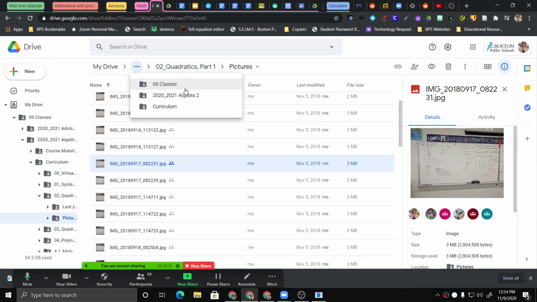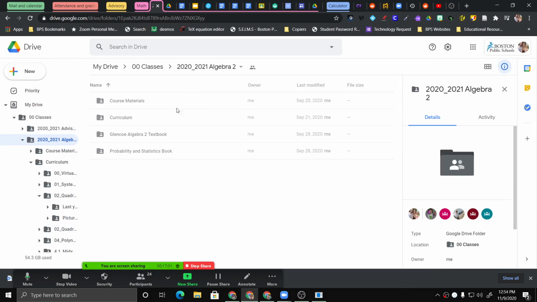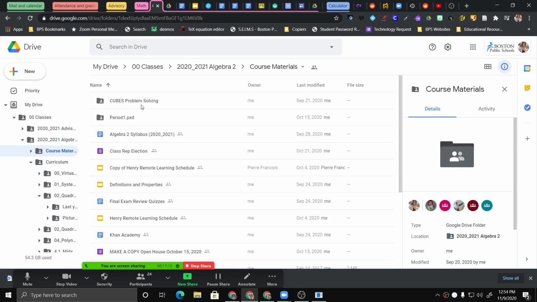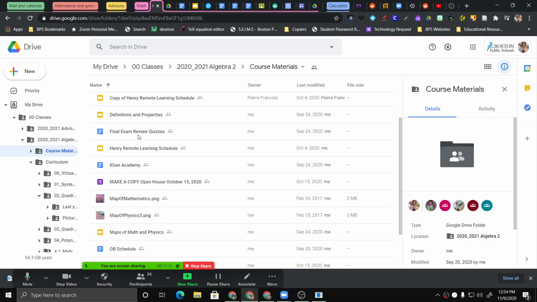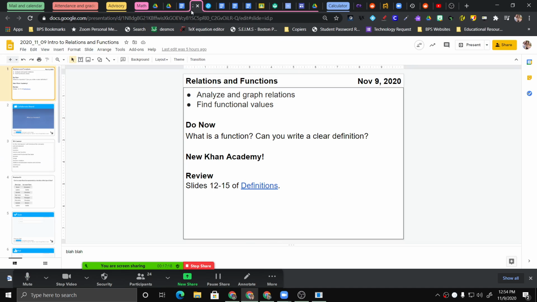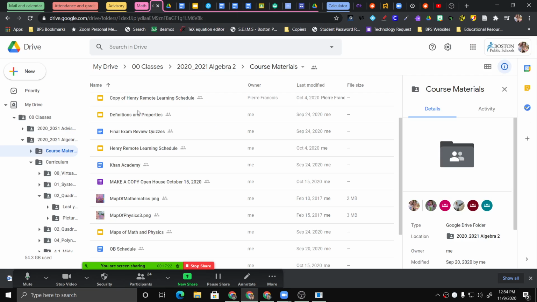And if you go to the class Google Drive page, you'll get to this directory right here. When you go to Clever and go to Google Drive, it'll take you here. If you go inside course materials, you'll see this resource here, definitions and properties. And starting on page 12 of this document, whoops, not there. Where is it? Not open. I guess I'll open it.